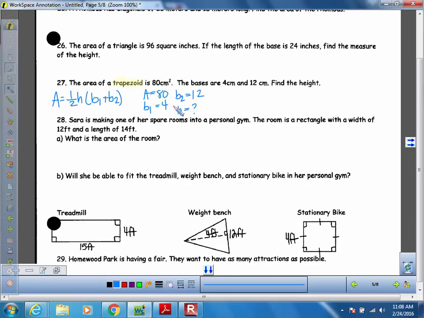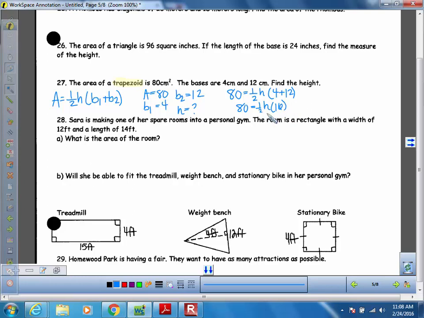So we're going to plug in everything that we know to this formula, and when we do, we would get 80 equals 1/2 h, base 1, which is 4, plus base 2, which is 12. When I add 4 plus 12, I get 16, so I get 1/2 times h times 16.